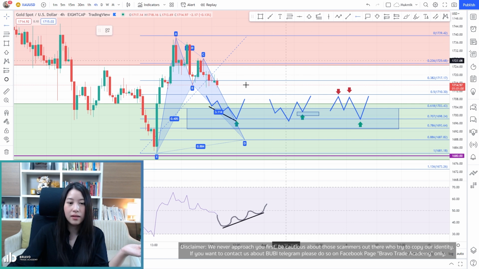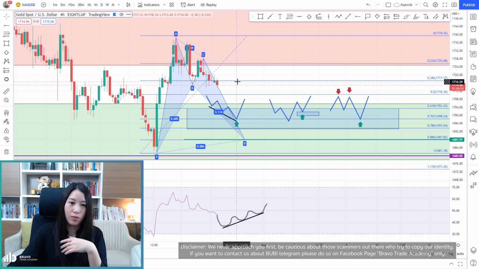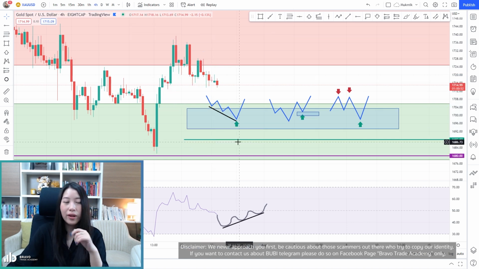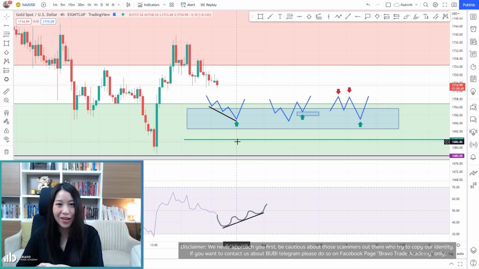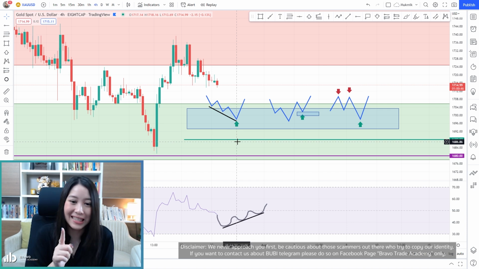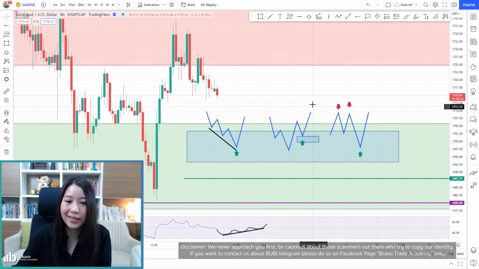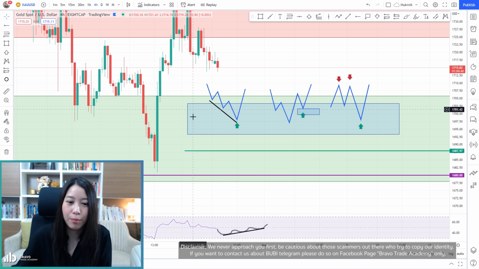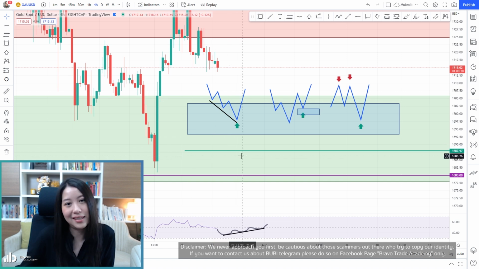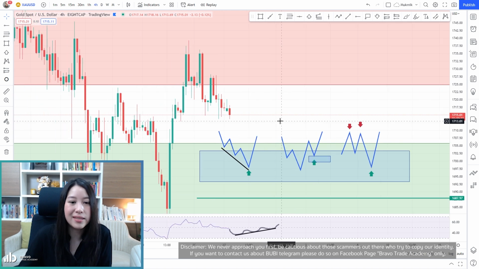So that's gonna be around 1688 roughly. For the harmonic pattern, we do need the confirming signal from classic divergence as well. So we do need this picture before 1688 also.